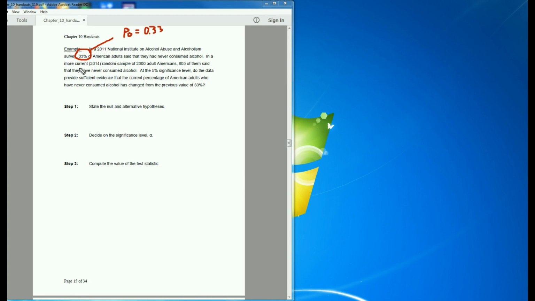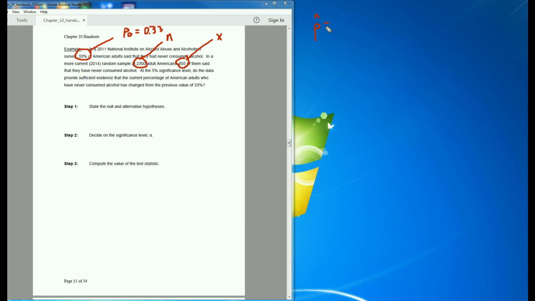All right, but then there was a newer sample. This right here gives us the sample size, that's n. And out of that many, 805 of them had never consumed alcohol. That's the number of successes. So from that, we can calculate our sample proportion.